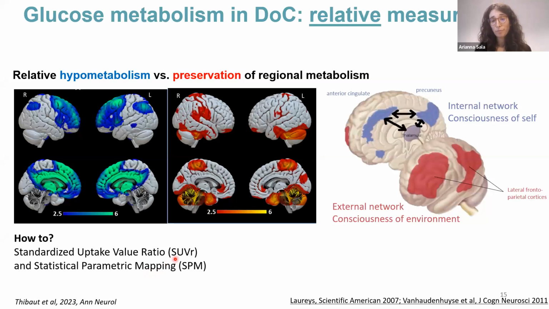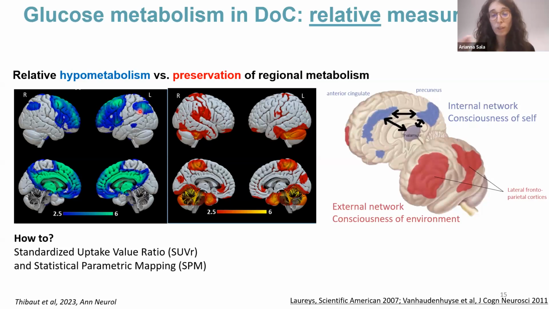And in particular, for the purpose of differential diagnosis, it has been shown that looking specifically at hypometabolism at the level of the internal and external awareness networks is particularly relevant. So we're speaking about the regions of the precuneus, of the cingulate gyrus at a medial level, and frontoparietal regions at a lateral level.